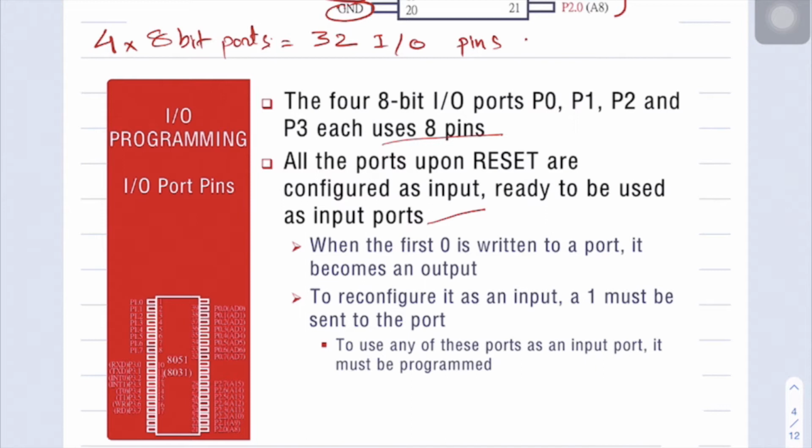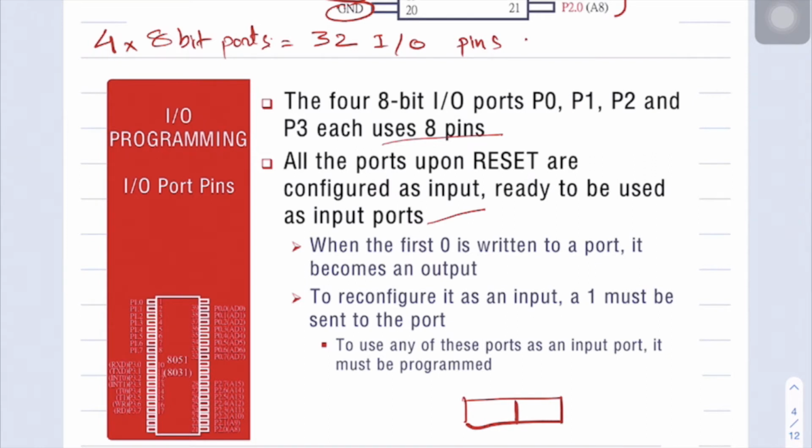Input port in the sense that, by default, it can receive a signal from an external device. So all the ports are configured in such a way that they can receive the signal. That is the default configuration of any port pin. Now, there are 2 aspects for a port.